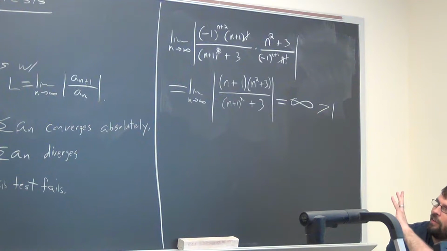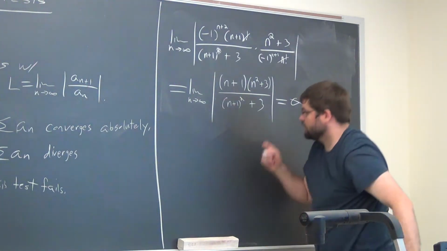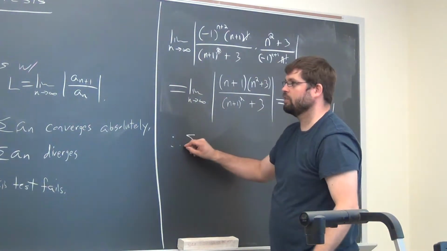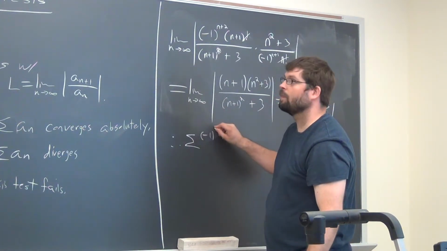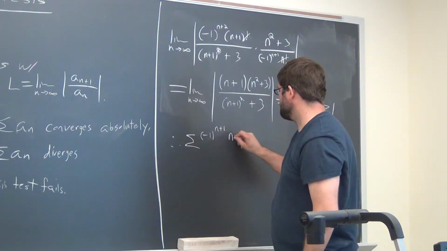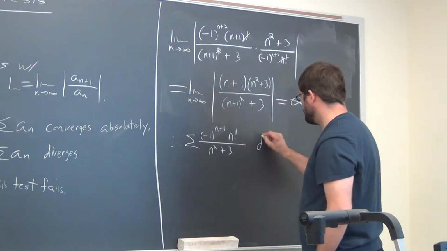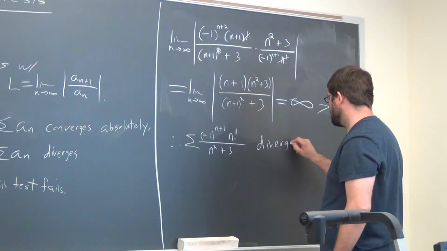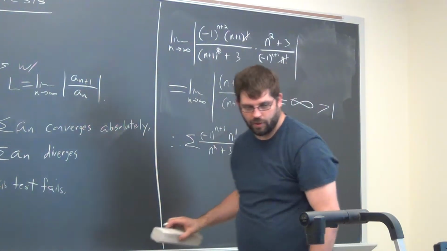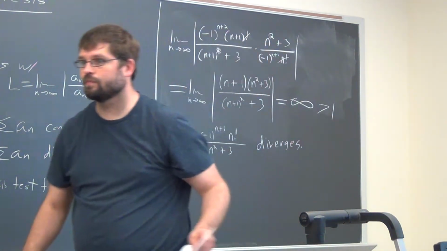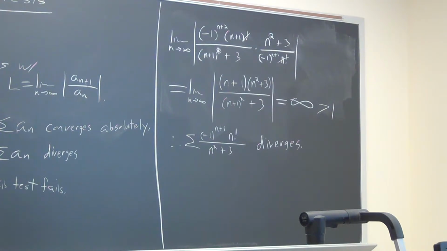They work if you have exponentials or factorials, and this test fails if you just have polynomials. But anyway, this is greater than 1, therefore our series over n squared plus 3 diverges. Does that make sense?